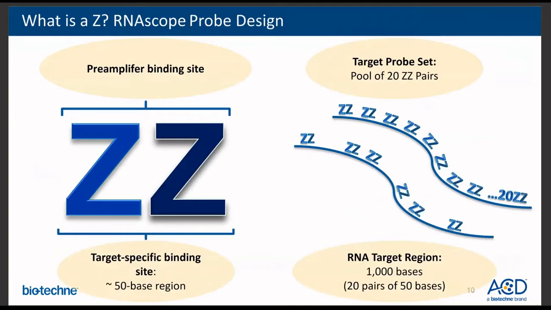They hybridize next to each other along the target region as well. This allows for a tremendous amount of amplification and signal potential. However, only a few ZZ pairs are enough to bind and create that signal. The rest of it is mostly for specificity.